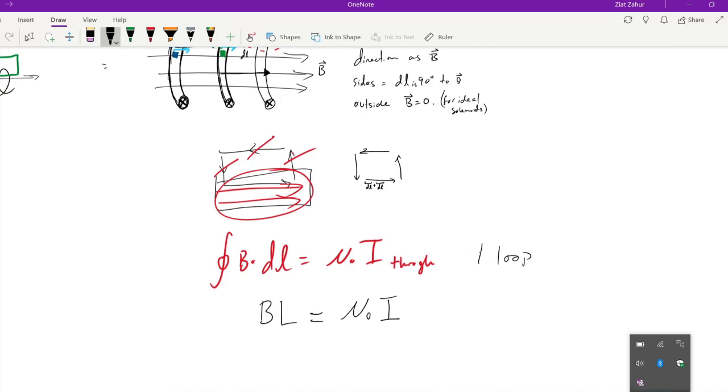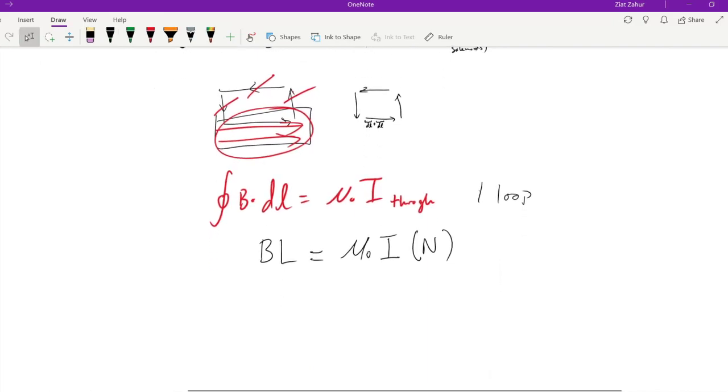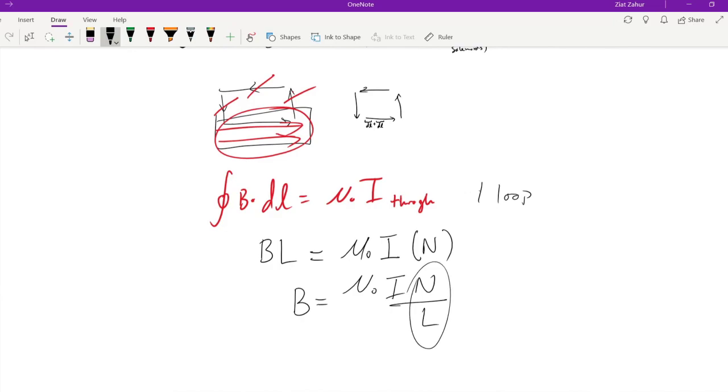If I had multiple, I would just have to linearly multiply by n. So mu naught n I. And so the solenoid is B equals mu naught I times n over L, and we say n over L is the loop density, loops per length.